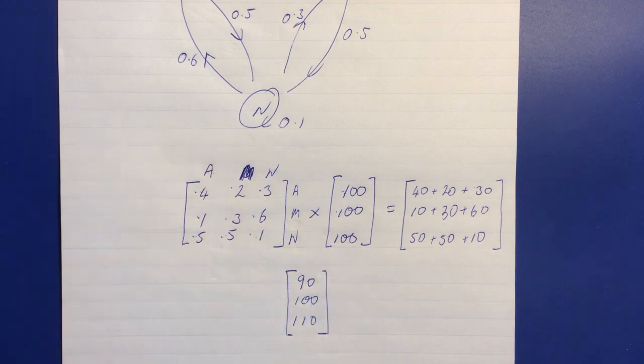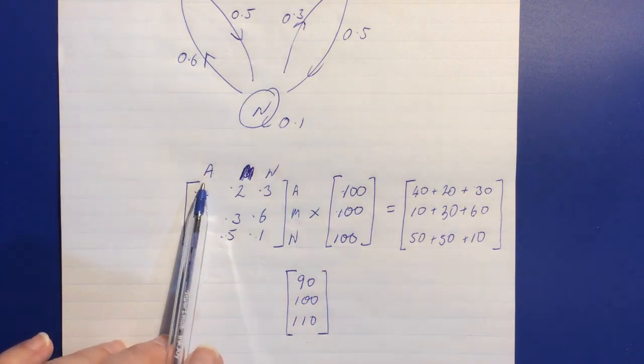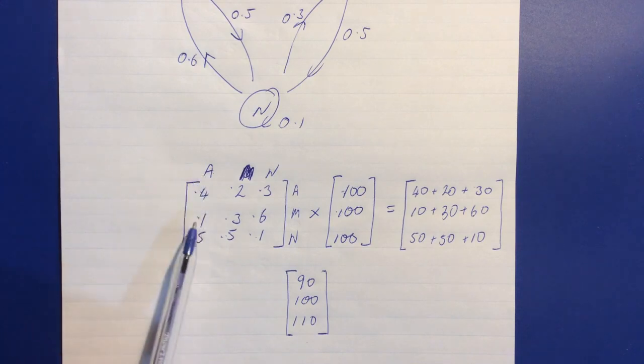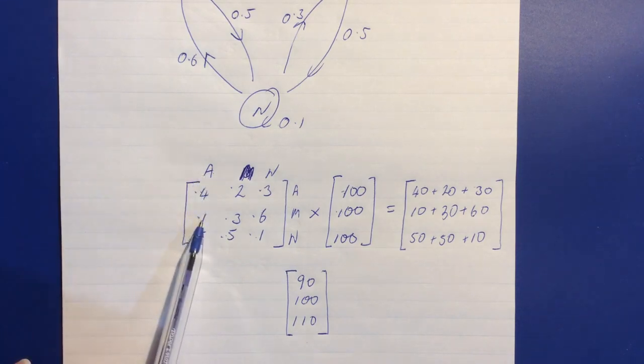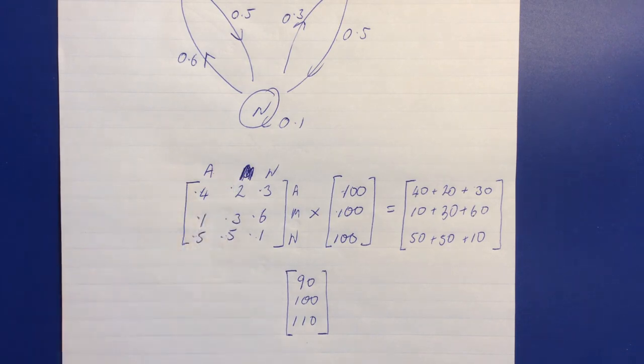And over a period, whether that is a day, a week, a month, a year, a term, anything, we use the transition matrix to calculate the changes. So how many, we'll call it people, how many people stay in A? How many people go from A to M? How many people go from M to N? That sort of thing.